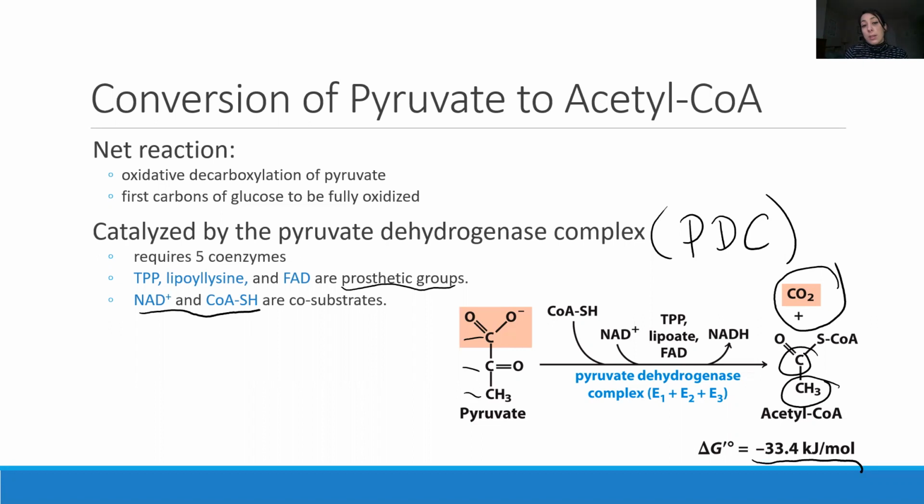And take note of which carbon gets lost. It's highlighted here. It's very important because if we were to label these carbons as we went through the process, you would actually see that only this specific carbon, all the way from a glucose, if it was labeled and then made into a pyruvate, would be the one that is lost as CO2.